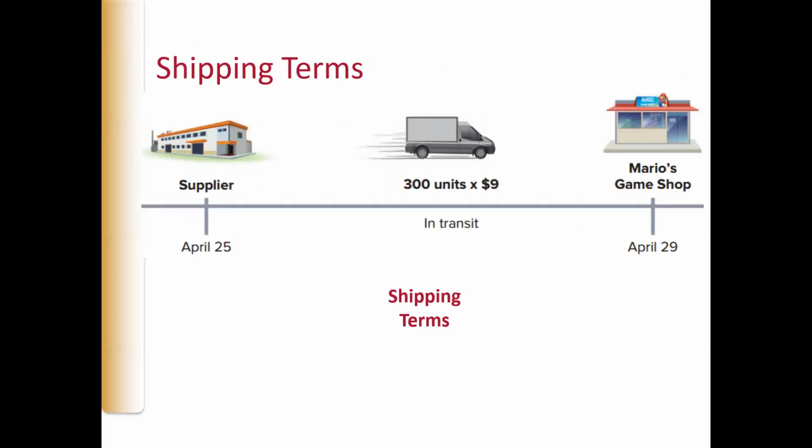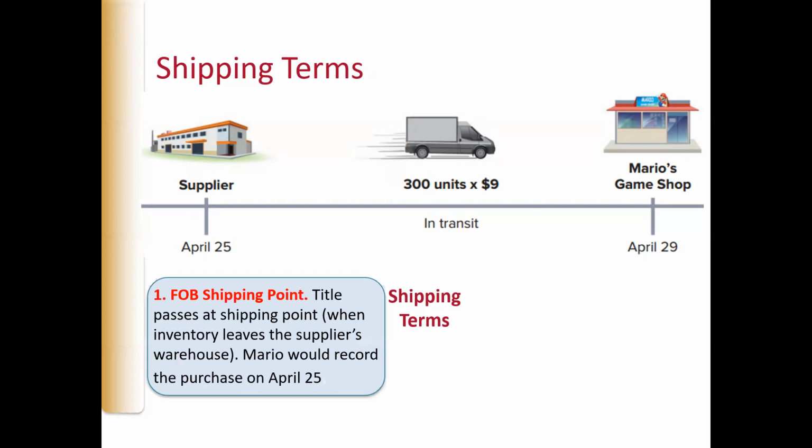So there are some terms with shipping that we want to talk about. When Mario purchases items from the supplier, the seller, and if the items are shipped FOB shipping point, that means free on board to the shipping point, which means the supplier's warehouse.